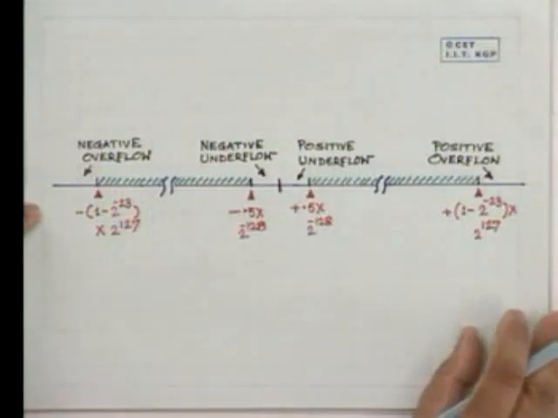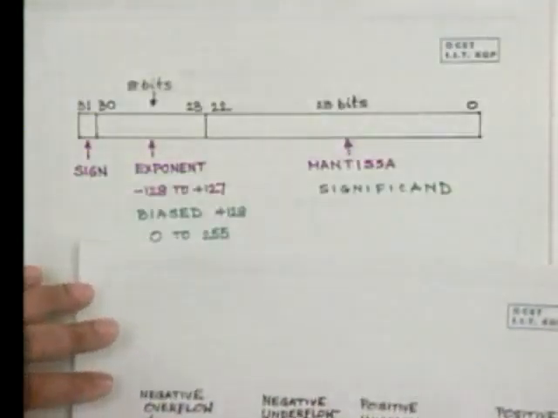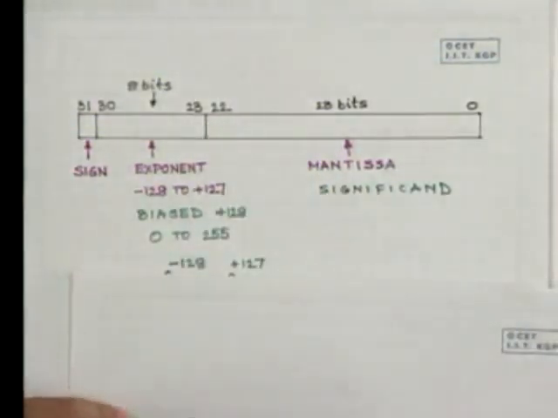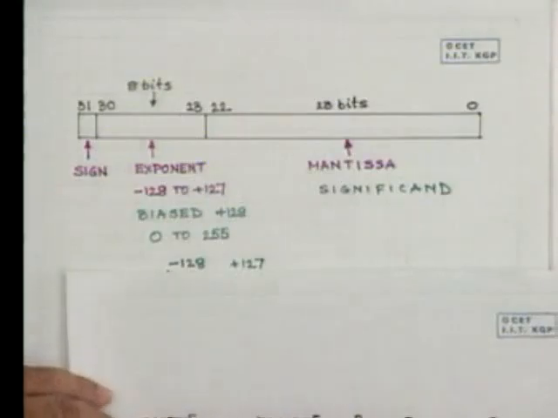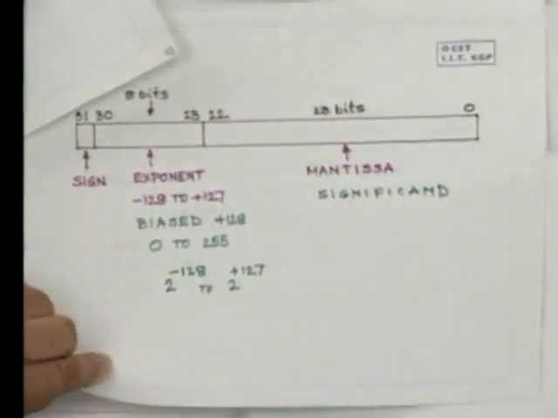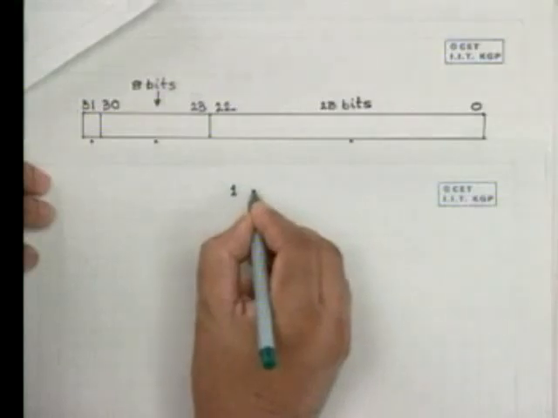Now, the first positive number that we can represent is, say here 1, followed by all zeros in the mantissa bits.